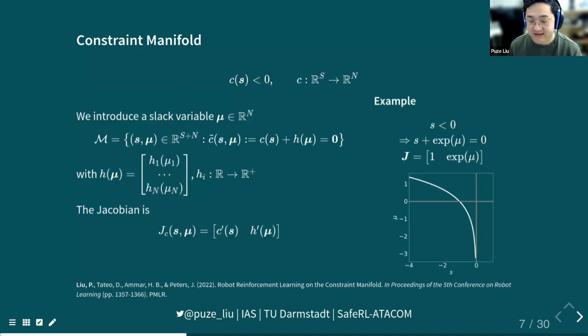The only problem is that the tangent space is morphed with respect to the original one, such that if you think about a unit vector here, it will not be a unique vector along the s direction. To tackle this problem, we introduced a soft corner tangent space slack variable that tries to deform the tangent vector as little as possible, such that if you are far away from the constraints, you will be aligned with our original action space or velocity space.